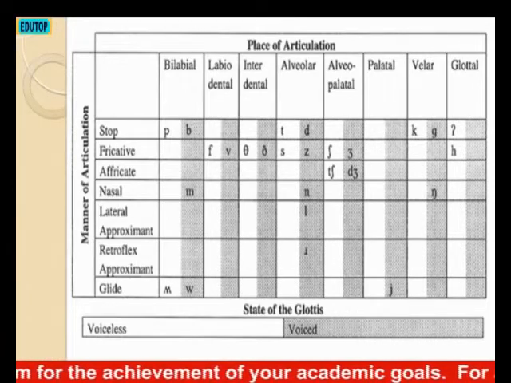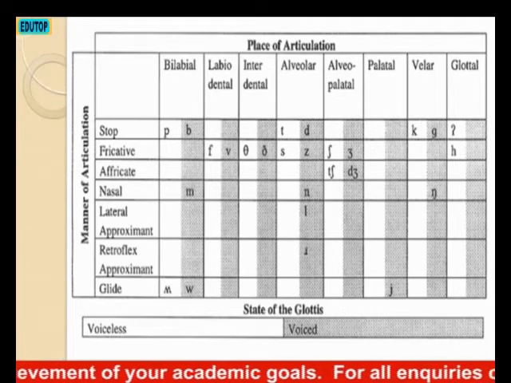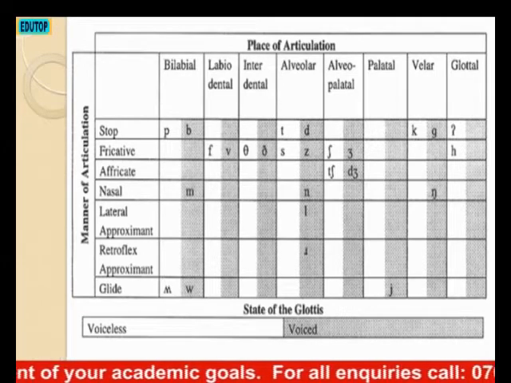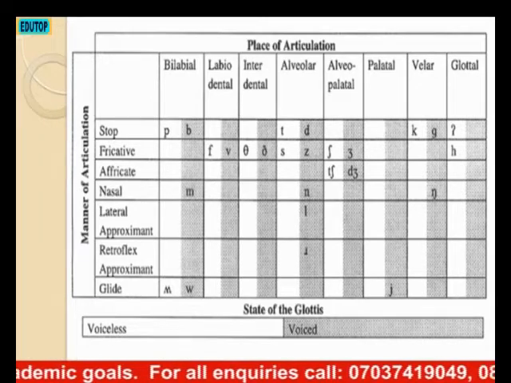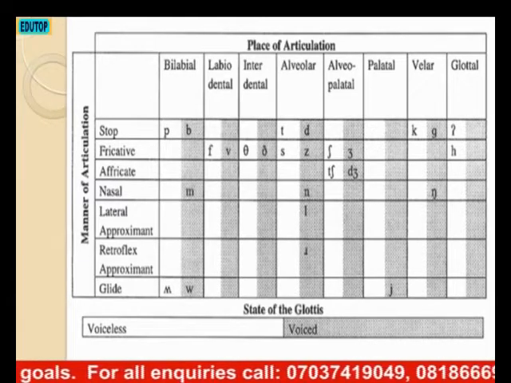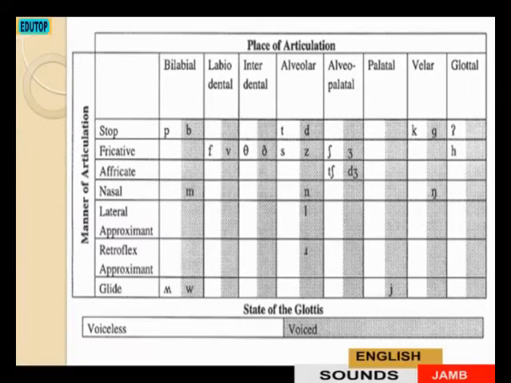So for instance, p is a plosive bilabial voiceless sound because the background is not shaded, while b is a voiced bilabial stop sound. That is how we are going to apply the diagram to the description of each of these sounds.